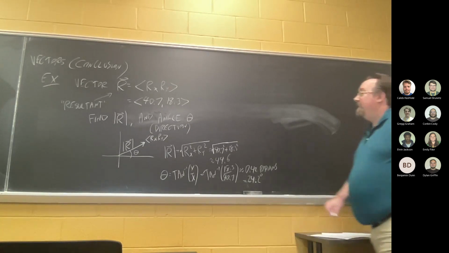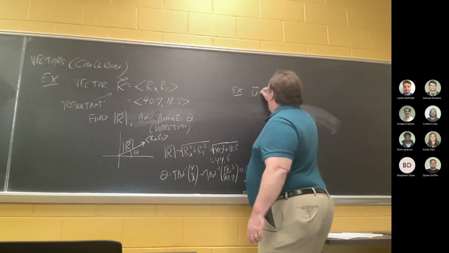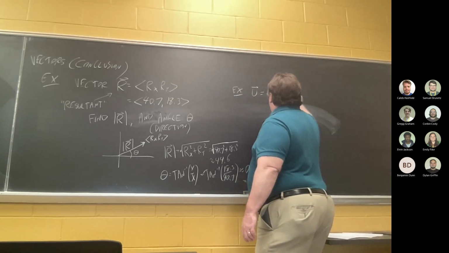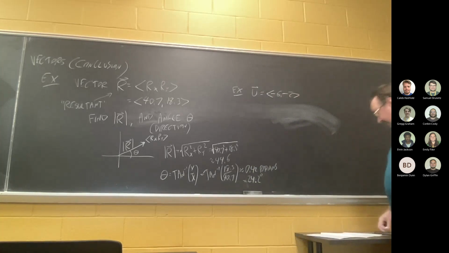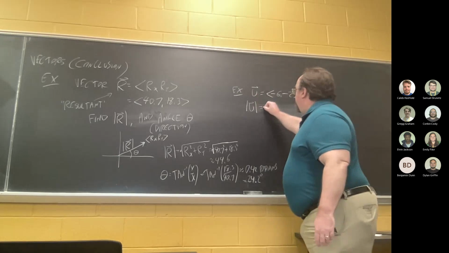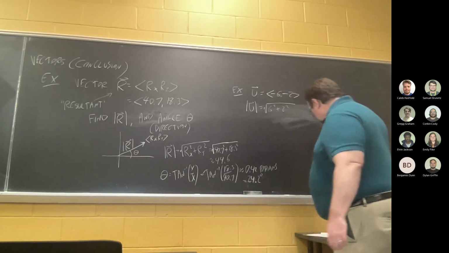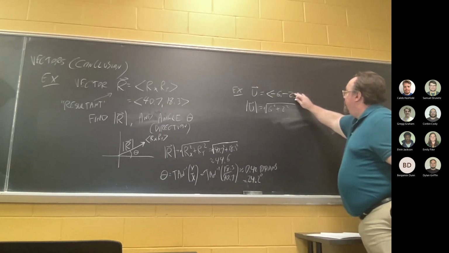All right. One more. The vector is <-6, -2>, and it asks for the same thing, magnitude and direction. So for the magnitude, just take the square root of the sum of squares.